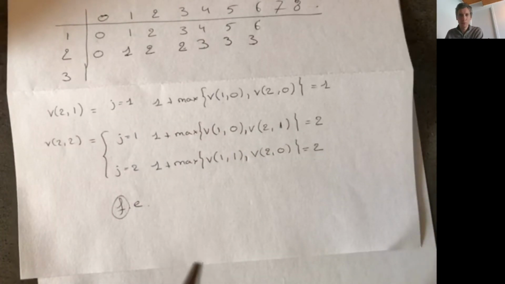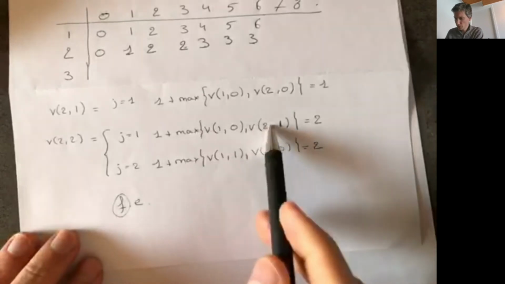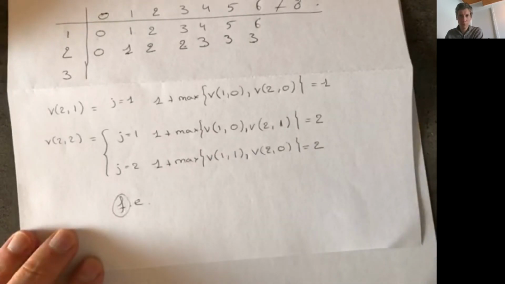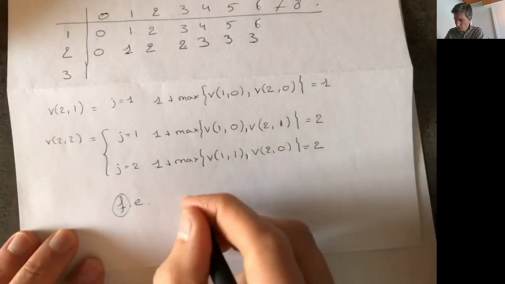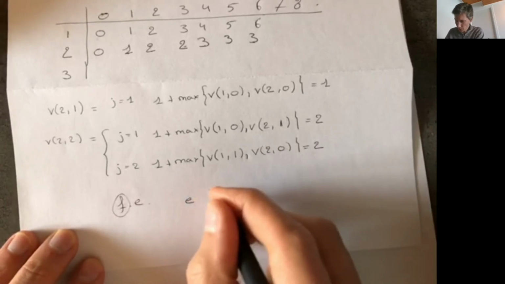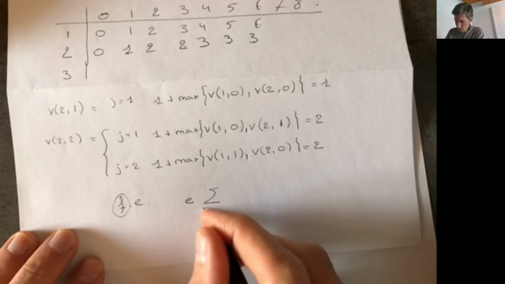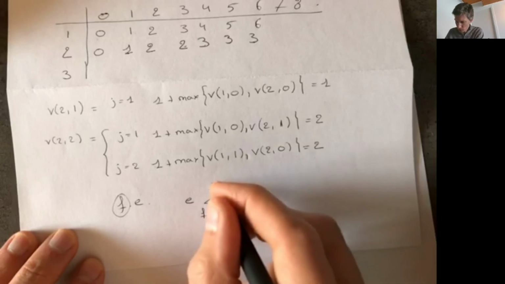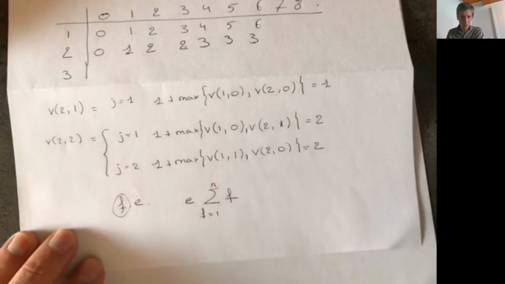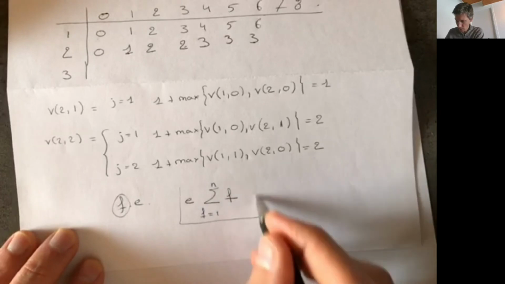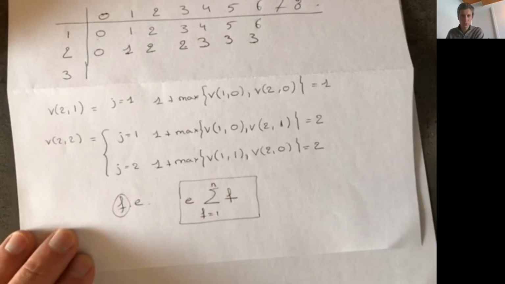And then take the minimum of those two, right? This is one subproblem, this is another subproblem. So basically e times, for every f, for f equal to 1 to n, you have to compute f subproblems. So this is something like the total number of computations that you need to make.